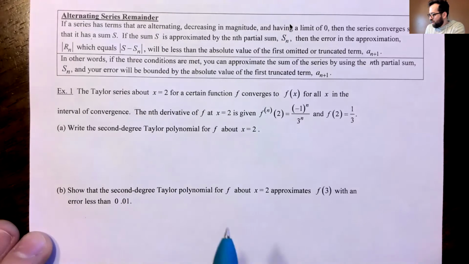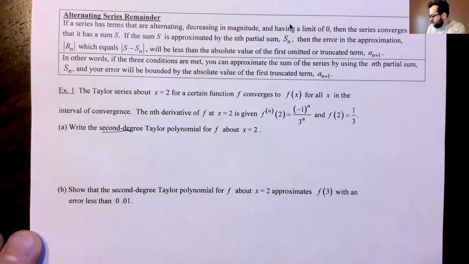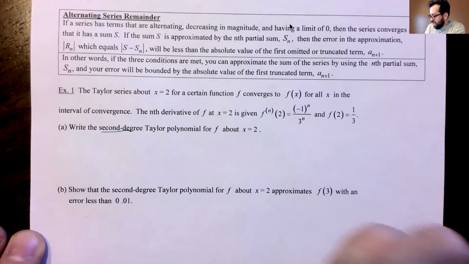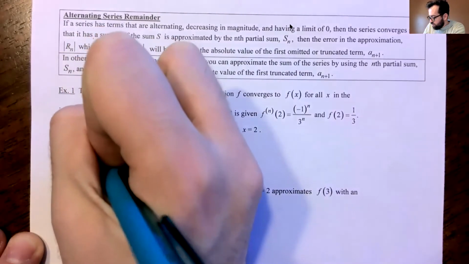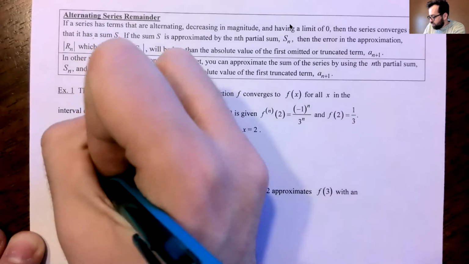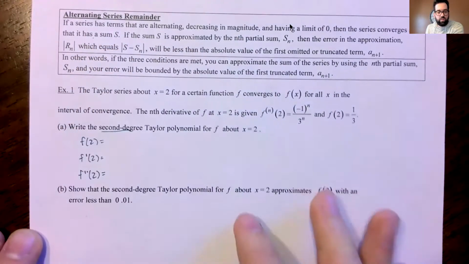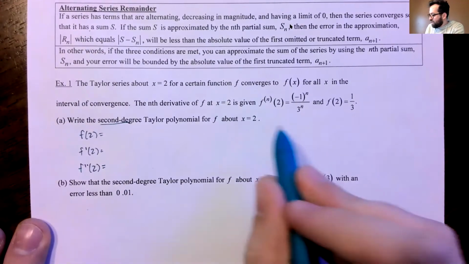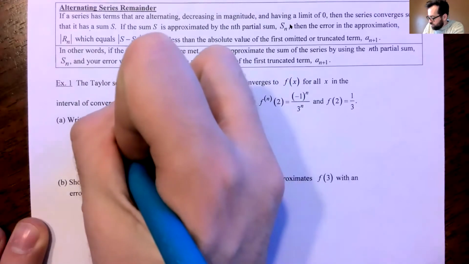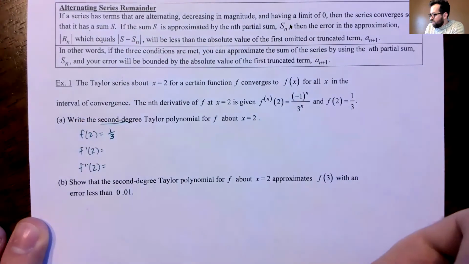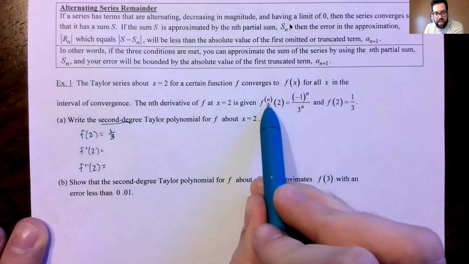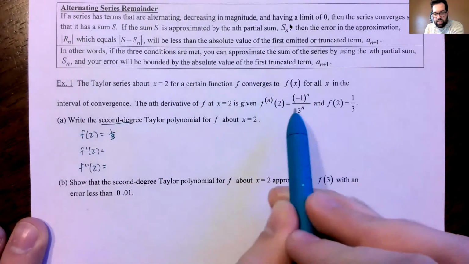So if we are going to write the second degree Taylor polynomial, we are going to need f of 2, f prime of 2, and f double prime of 2, right? And we're already given that f of 2 is 1/3. f prime of 2 means n is 1 in this equation.